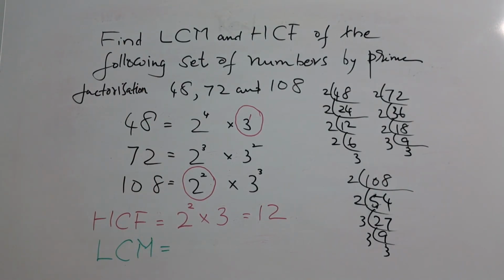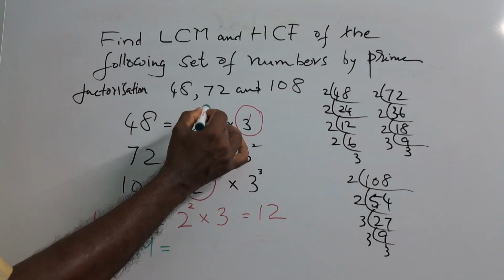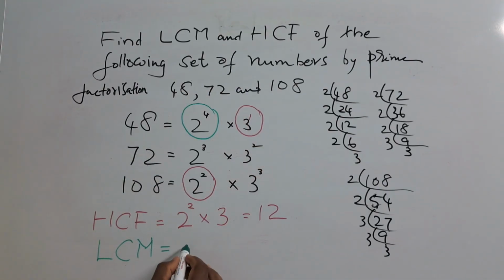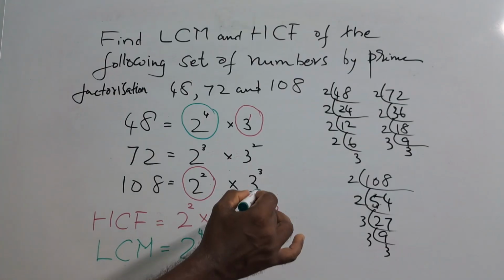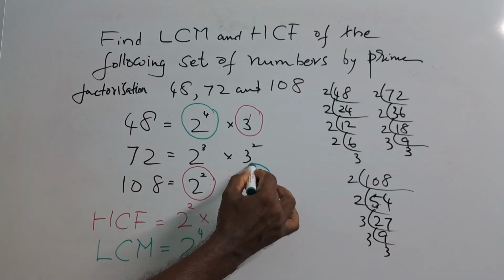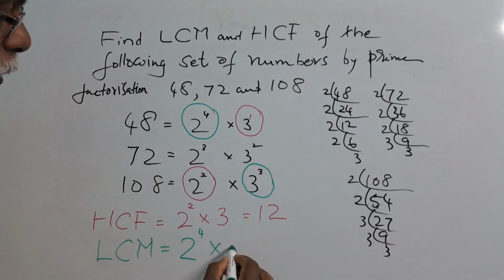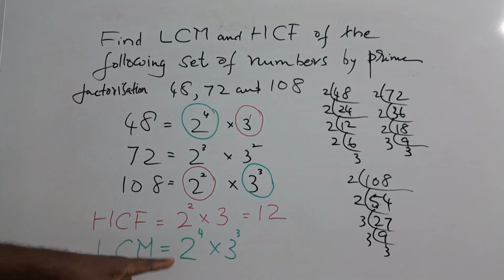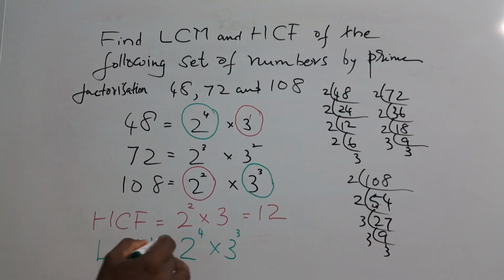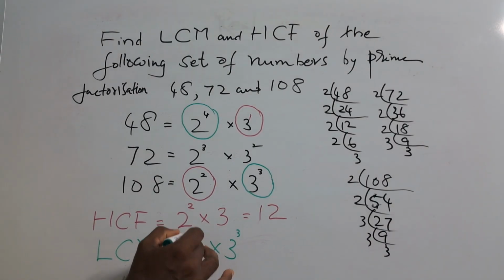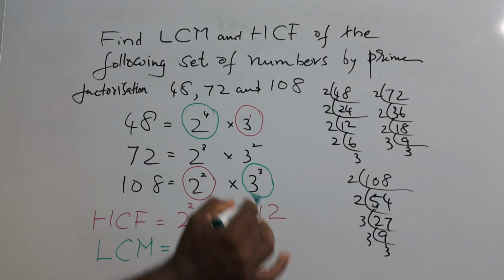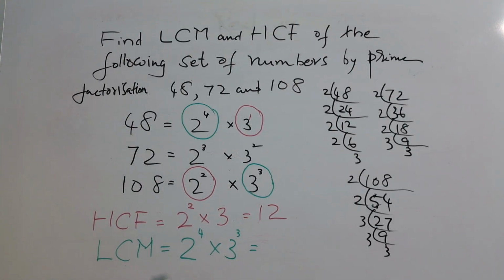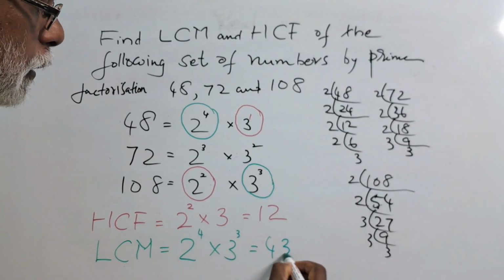If so, consider the prime factor with the highest power, 2 raised to 4, into 3 raised to 3, which has the highest power. 2 raised to 4 is 16, 16 into 27, you get 432.